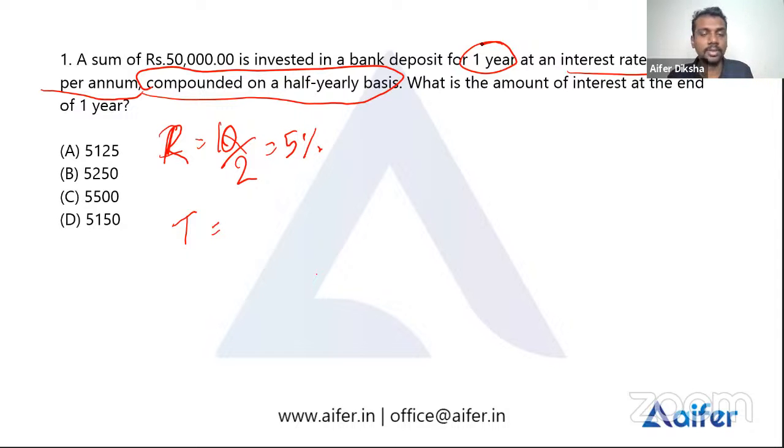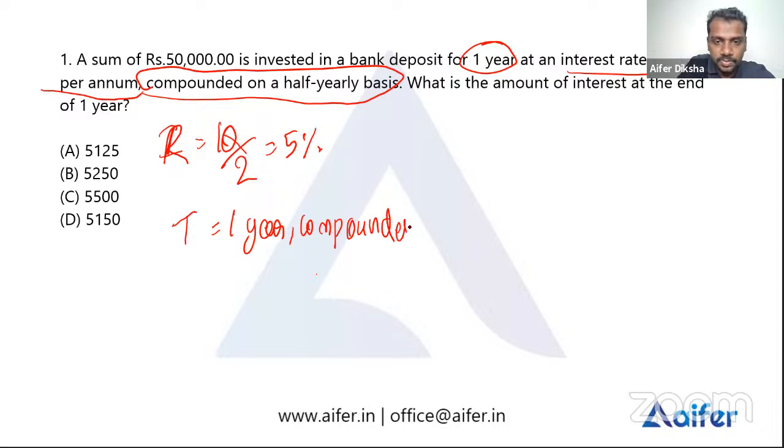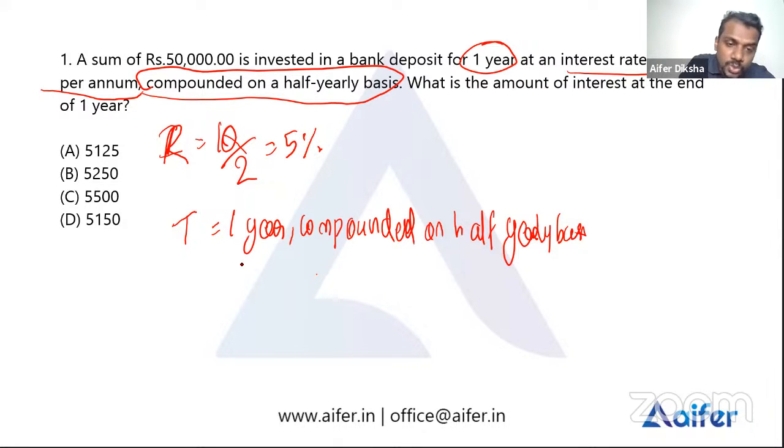Remember, it's deposited for 1 year, compounded on a half yearly basis, which means 1 year equals 2 half years.